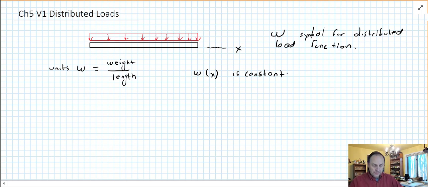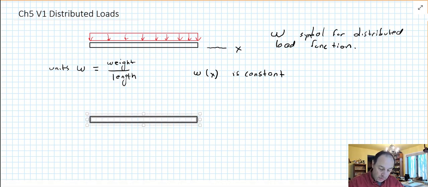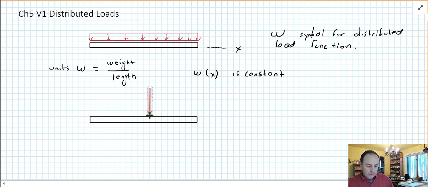All right, so for this easy symmetrical situation, let's redraw this down here. We can represent this intuitively. We know we can represent this just like with a point load right in the middle, where this force is the distributed load times the length.